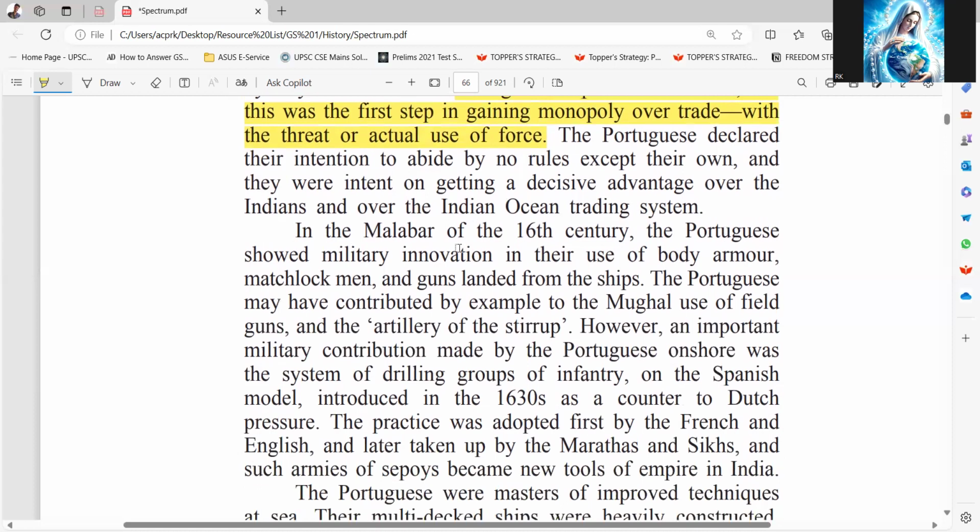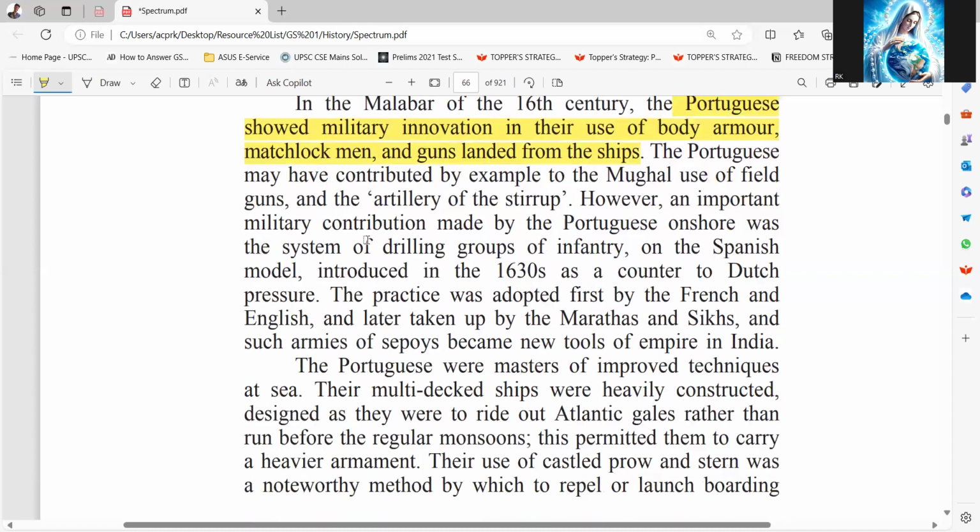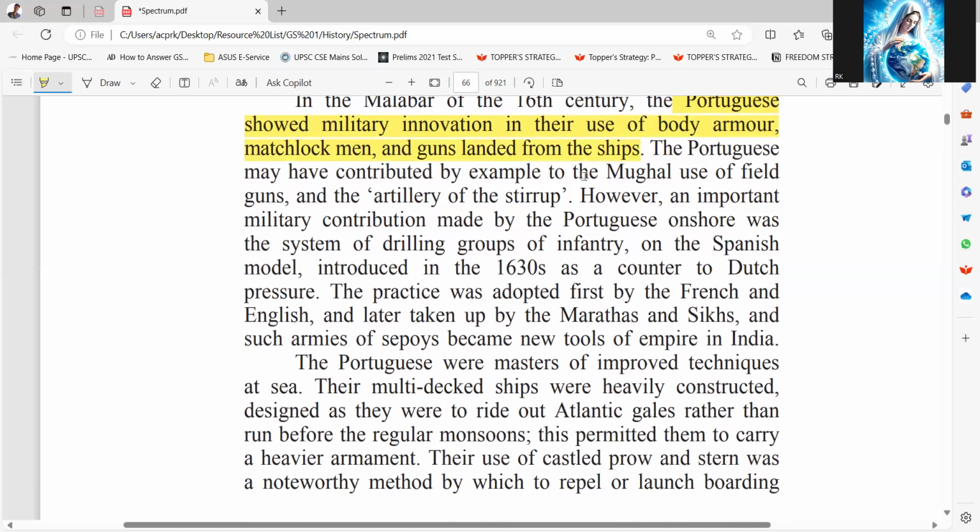In the Malabar of the 16th century, the Portuguese showed military innovation in their use of body armor, matchlock men, and guns landed from the ships. The Portuguese may have contributed by example to the Mughal use of field guns and artillery of the stirrup.